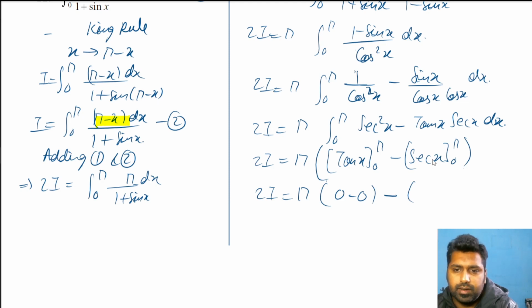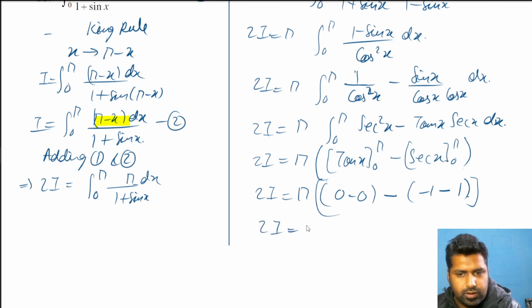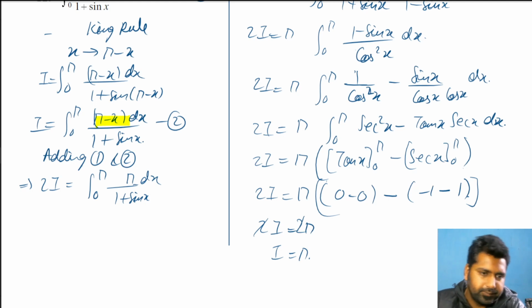Sec pi will also be minus 1, minus sec 0 will be 1. So 2I is equal to pi into minus 1 minus 2 plus 2, so 2 pi. So I is equal to pi.